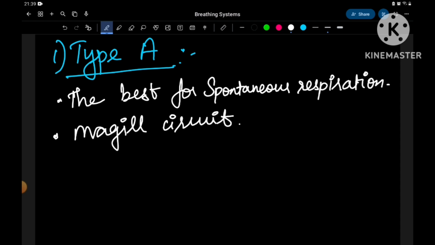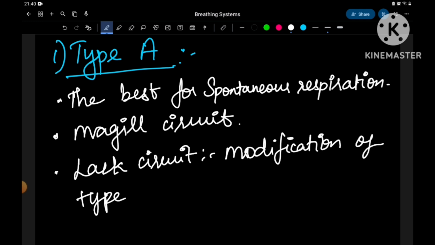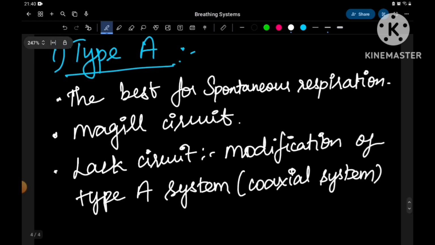There is another circuit known as lag circuit, which is a modification of type A system, which is coaxial system, right? So the best for spontaneous respiration, Magill circuit, and lag circuit is a modification of type A system.